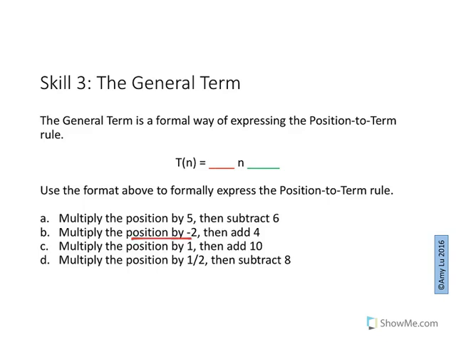So B, multiply the position by -2. Add 4. So the equation is T of n is equal to -2n plus 4. Or the term is equal to -2 times the position plus 4.